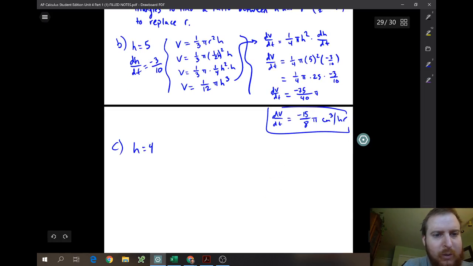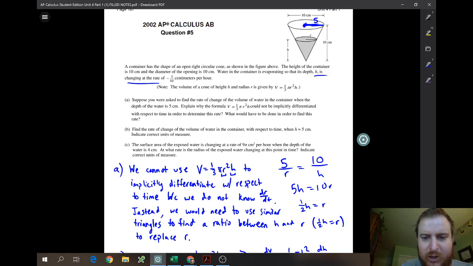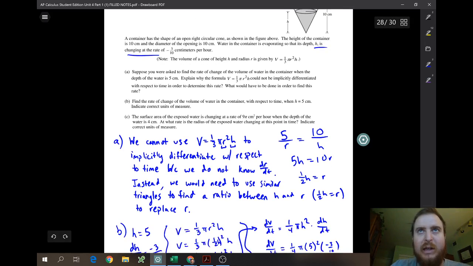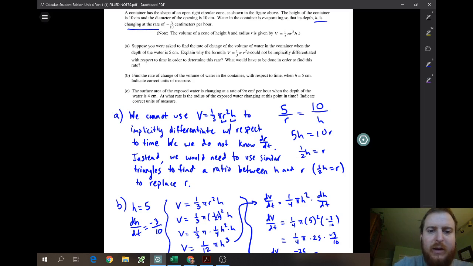So for C, they're going to put that the depth is 4. That means we don't know about dh dt anymore, okay? We don't know what dh dt is anymore. And then they're giving us that the d surface area dt is, now it says the surface area of exposed water is changing at a rate of 9 pi centimeters squared per hour. And this problem got changed from what the AP test said, and I really should have specified if this was positive or negative.